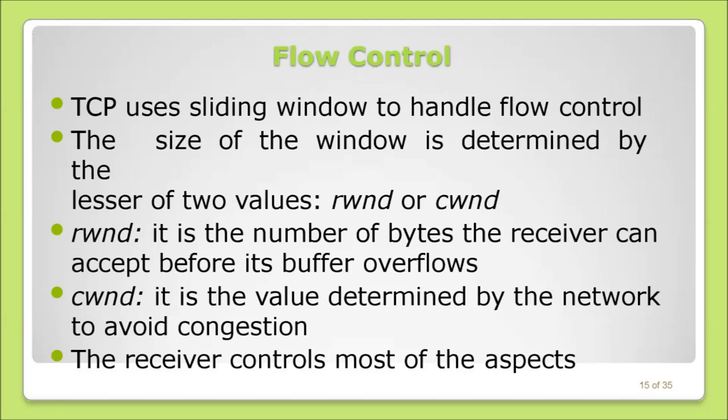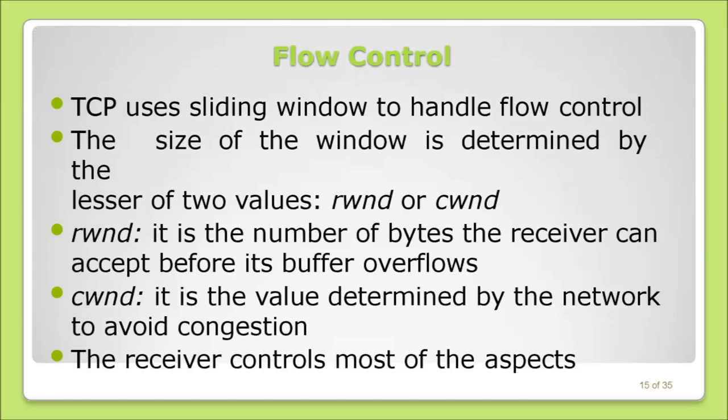When the data is transmitted in the form of frames, we can set the window size, and according to that size at the same time more than one frame can be transmitted. Let's suppose if the window size is 7, at the same time 7 frames can be transmitted simultaneously.